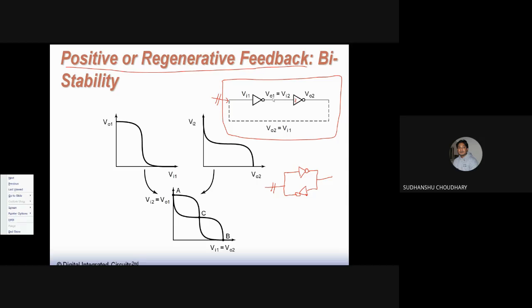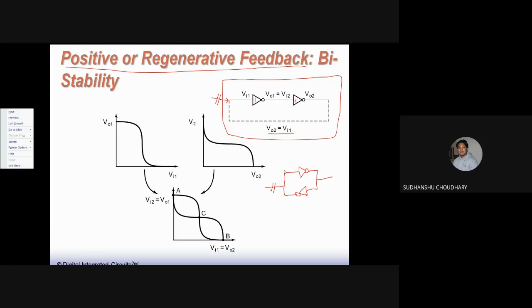The output of this inverter is VO1, which is applied to the input of the second inverter, which is Vi2. And based on Vi2, you get VO2, the output of the second inverter. And this output of the second inverter is equal to the input that you supplied to the first inverter, right? So this acts as a memory element: whatever input you applied is stored in this loop, what we call a feedback loop or positive feedback loop. So this is a positive or regenerative feedback loop.